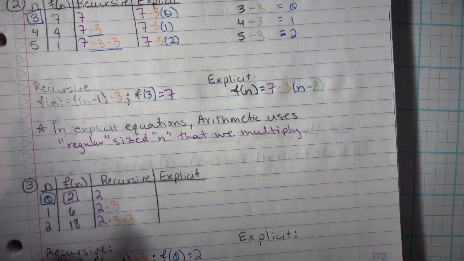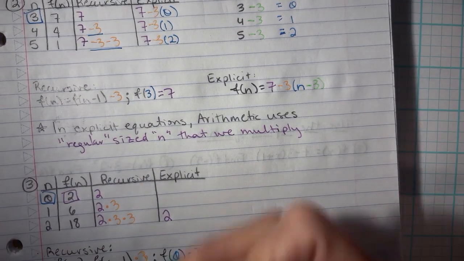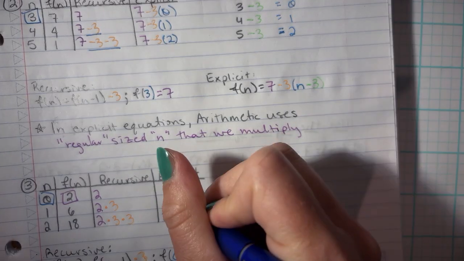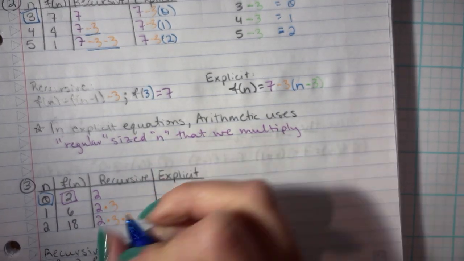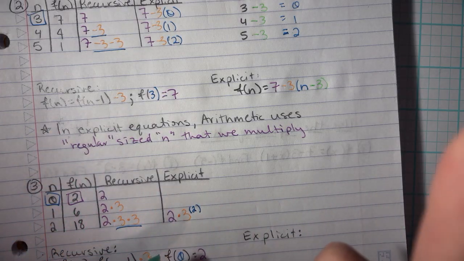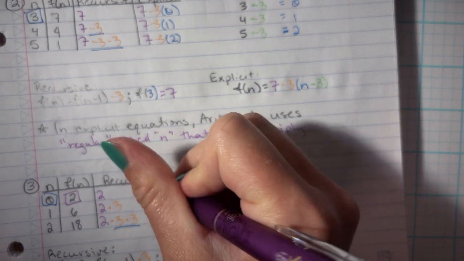So we are going to use 2 times 3, and this is like a warm-up we did in class, exponent 2, because you can change 3 times 3 into 3 to the power of 2. And we can do the same thing all the way up.